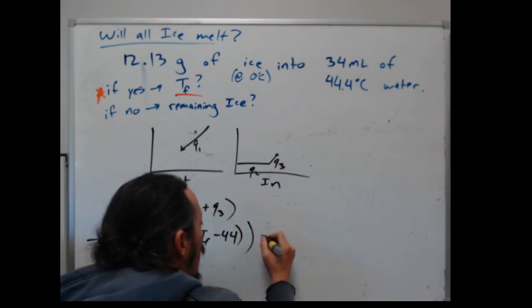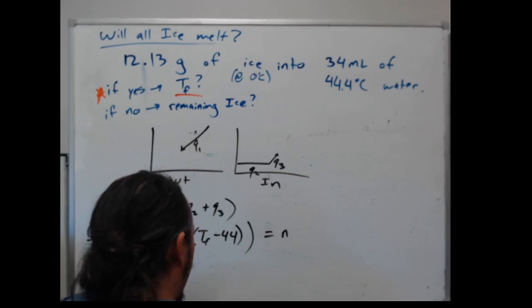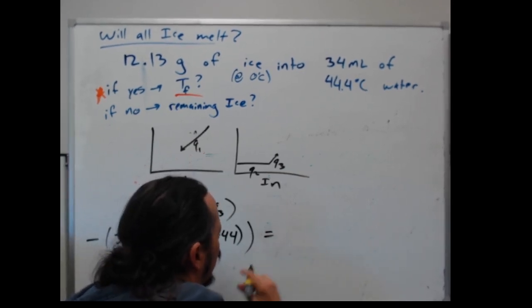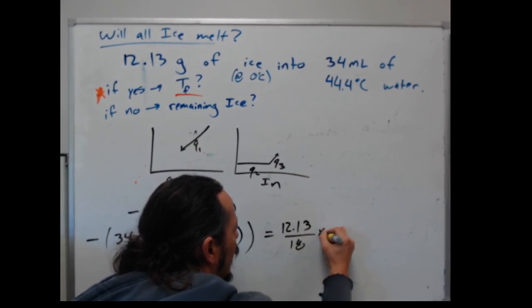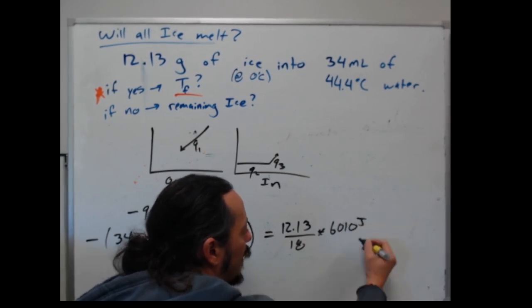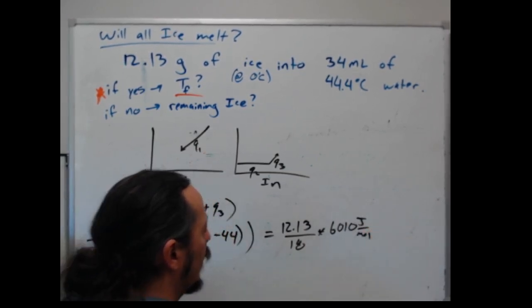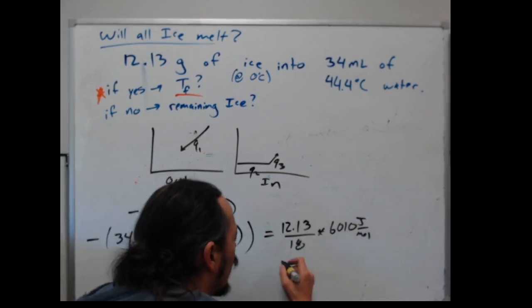Okay, cool. So that means over on this side, I have to do the melting, which is the n delta H. I know the n is going to be that 12.13 divided by 18. The delta H, again, I'm going to do the tricky converting to joules ahead of time. That's my Q2. Now I need this amount of water warming up.